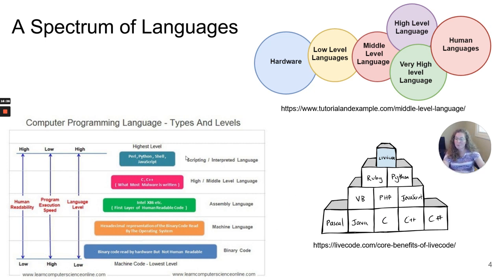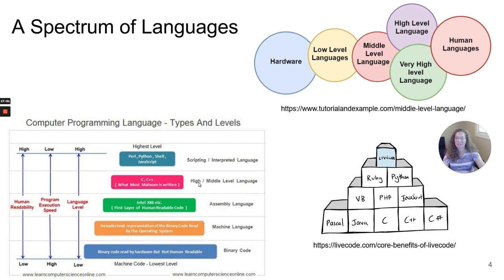I also liked this picture that I found. It gives us a good idea about some of the advantages of high-level languages. Notice this one right here is the level of the language. Again, it has a spectrum. Binary code is the very lowest level. Up at the top, it puts scripting and interpreted languages like Python. In the middle between those, there's C and C++.